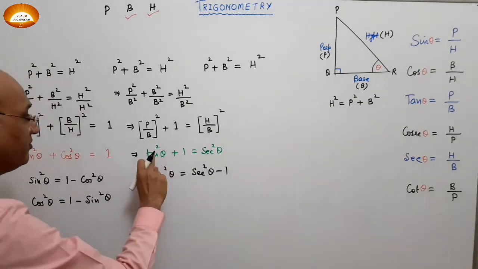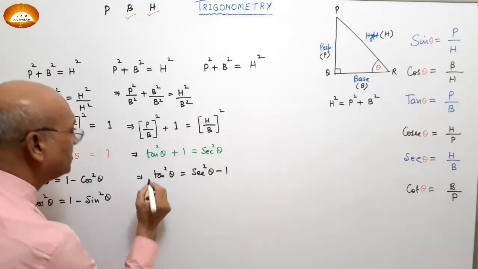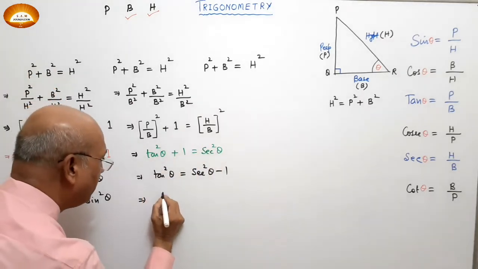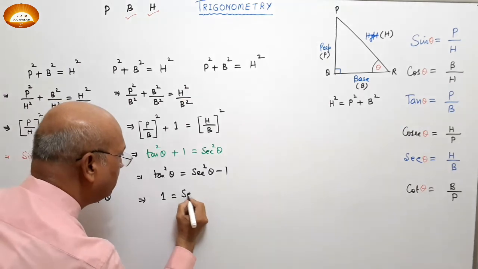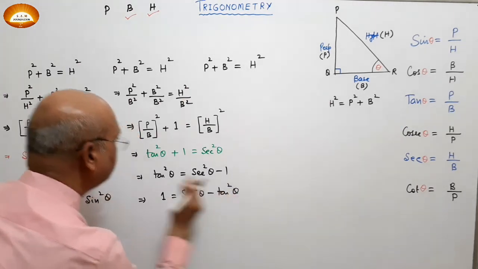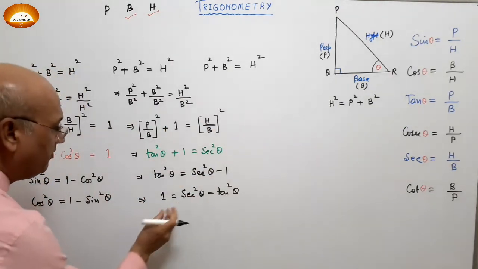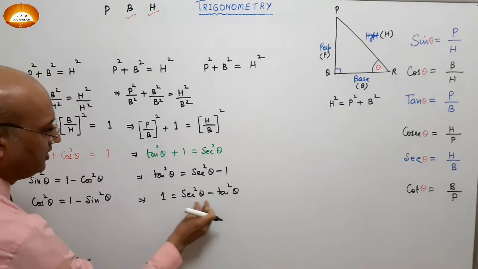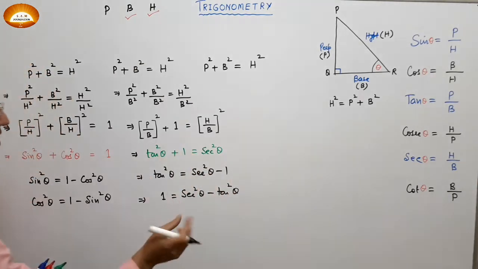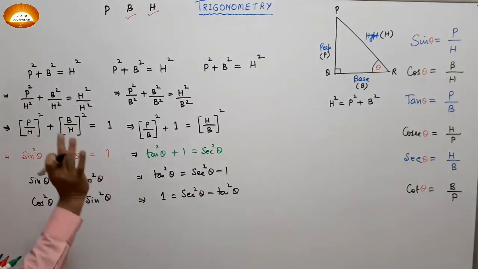Now from this I can transfer tan square theta to that side. So the left hand side will be 1, and the right hand side will be sec square theta minus tan square theta. Here it was plus, so it goes to that side as minus. So in place of 1, I can write sec square theta minus tan square theta, or in place of sec square theta minus tan square theta, I can write 1 also.